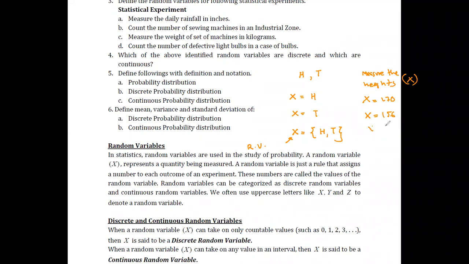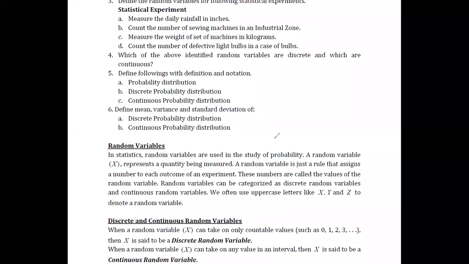Then for the third student, it can be 163. Therefore, if you are measuring heights, this can be denoted as X, and the possible values of X can be 170, 156, and 163. Likewise, you can have the values for the random variable, and here X is given for the measures of the heights, and this can be called a random variable.